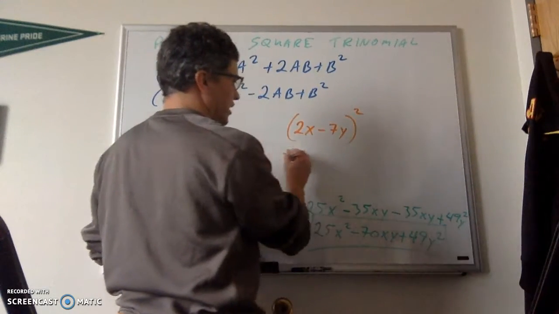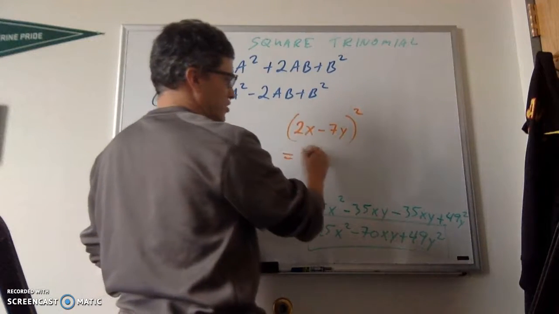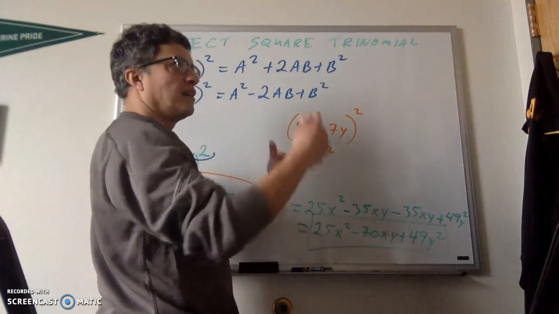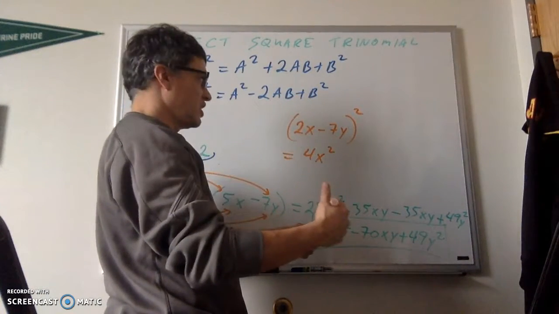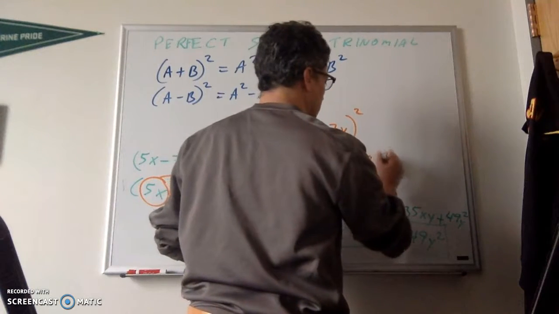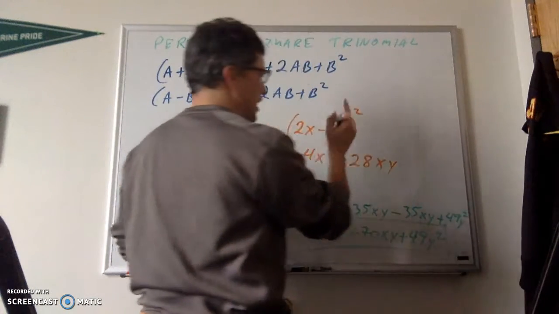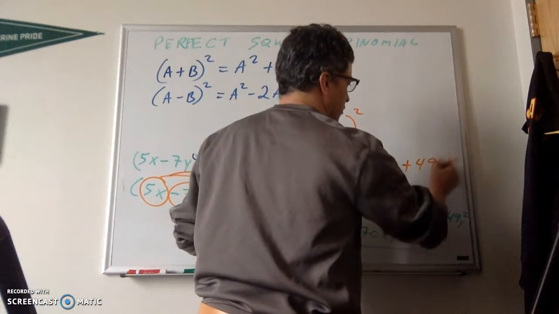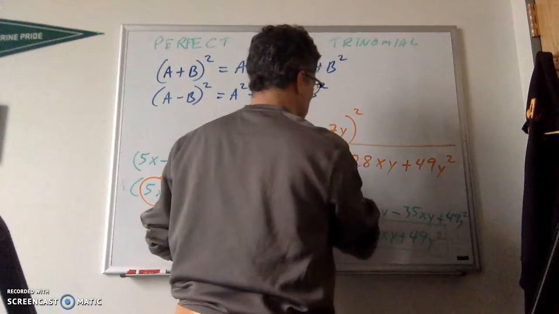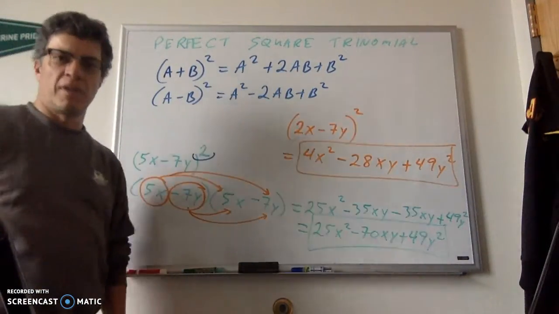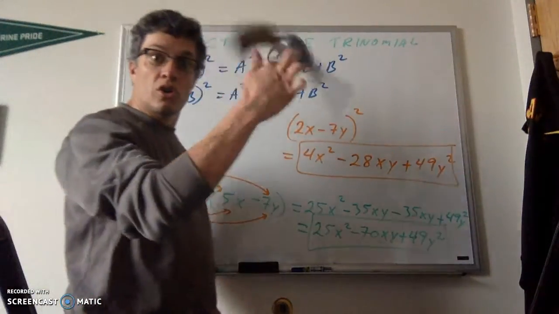Okay, I'm going to go shortcut here. 2x times 2x is 4x squared. 2x times negative 7y is a negative 14xy. Double it, that's a negative 28xy. And then negative 7y times negative 7y is a positive 49y squared. Boom, done. I didn't have to show that whole extra step. Shortcuts, good.